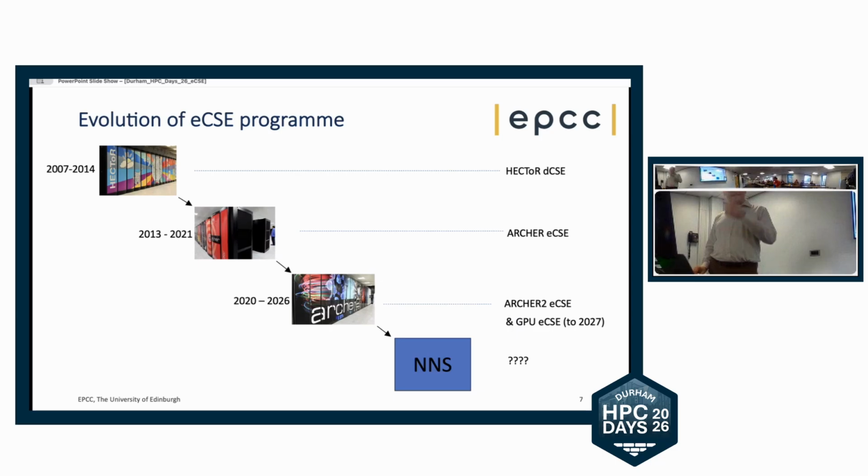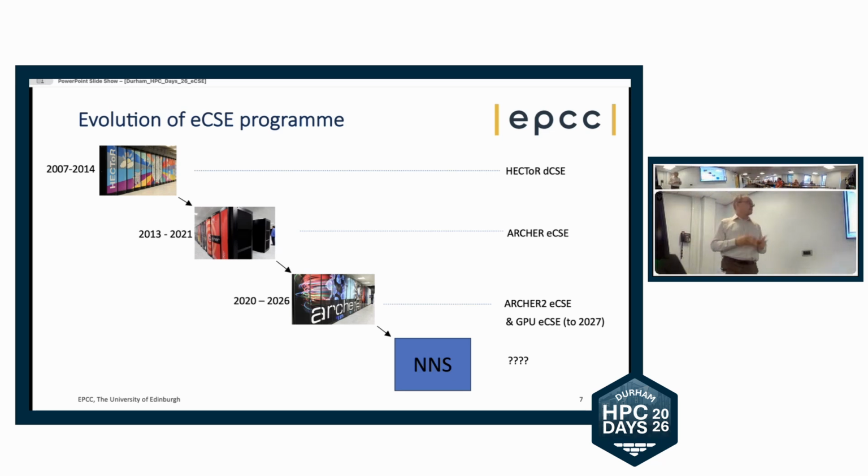So I thought it was worth saying a little bit about the evolution of the program over the various years. When Neil comes to speak, he's going to talk a little bit more generally about the history of software development calls that we've had within the UK. So here's specifically how it's worked for the ECSE program. It actually started off as the DCSE, the distributed CSE, under the Hector program back in 2007.